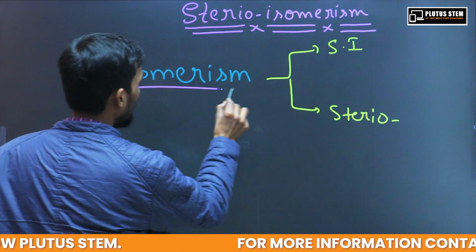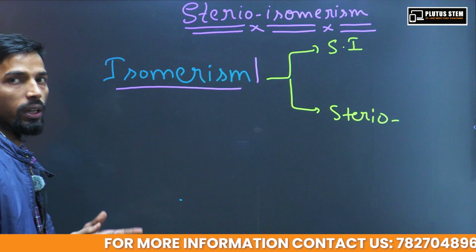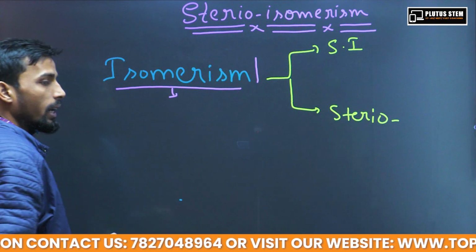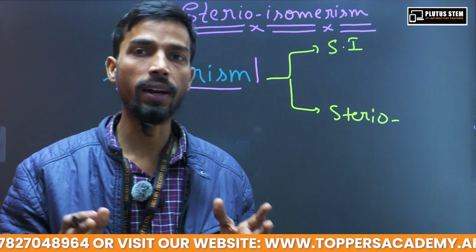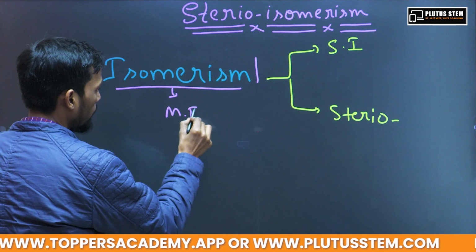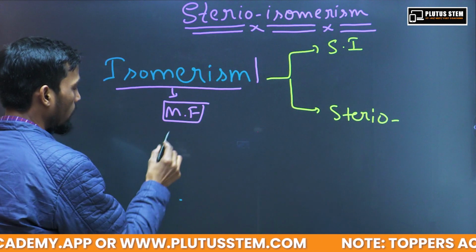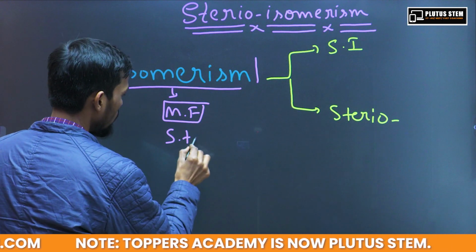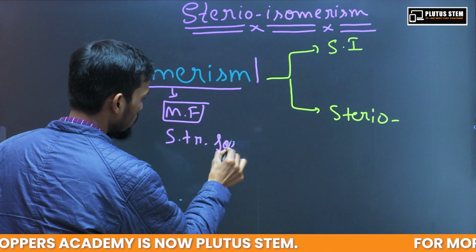I have already told you in the previous video, you can go through that also, that isomerism is a phenomenon where we have two different compounds that have the same molecular formula and different structural formula.